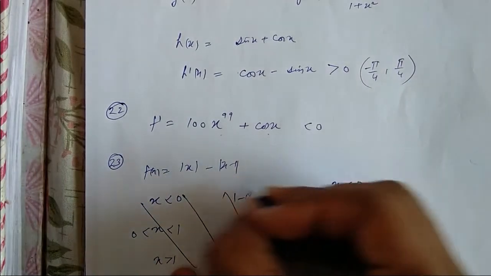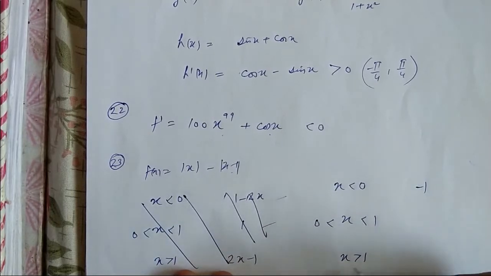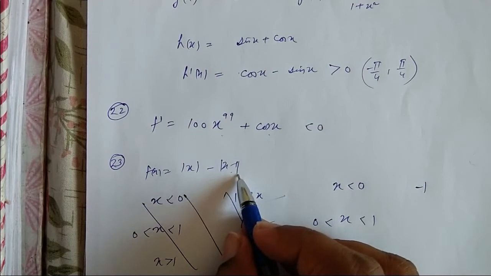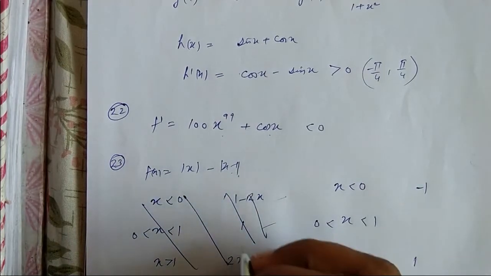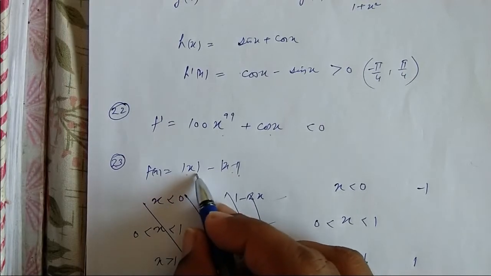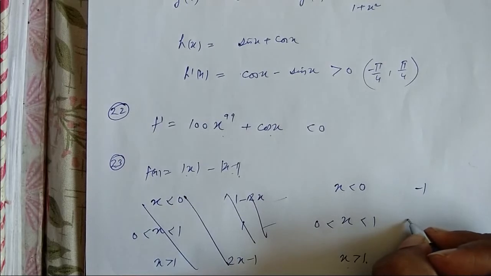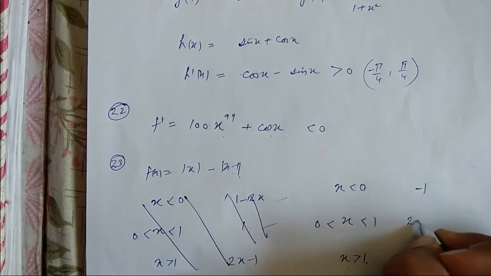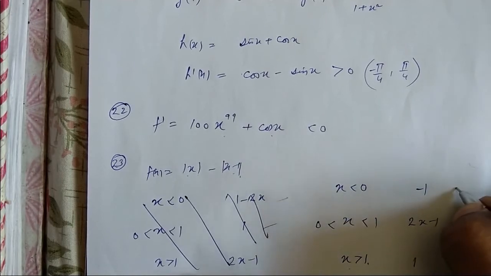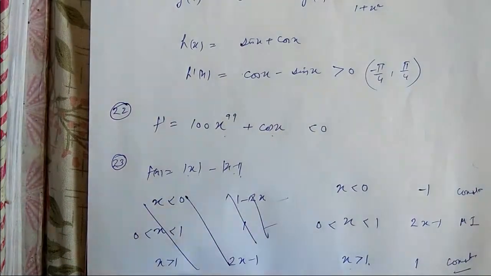So x minus 1 minus x would become minus 1. And if x is greater than 1, both the brackets are going to open with the positive sign. This would become 1. And if x is between 0 and 1, this would become positive and this would become negative. So this would become 2x minus 1. So this is monotonically increasing, this is a constant function, and this again would be a constant function.